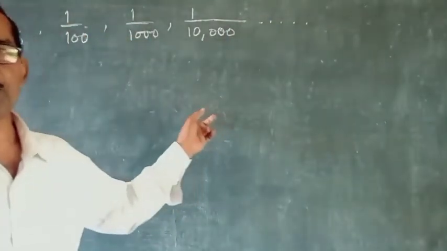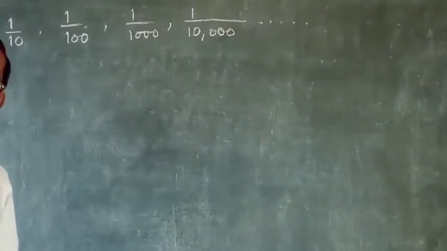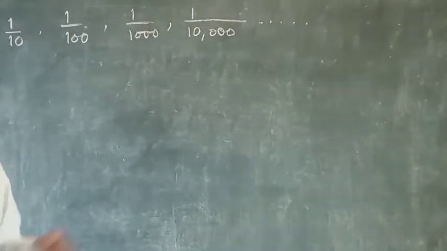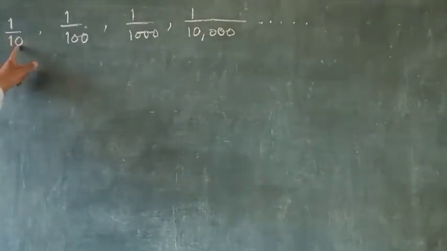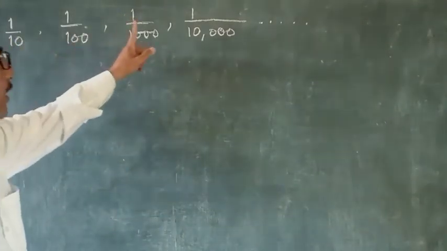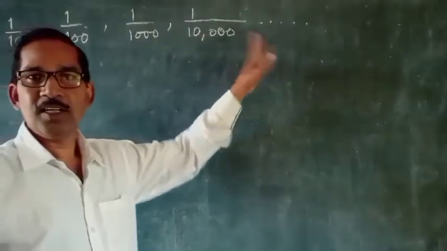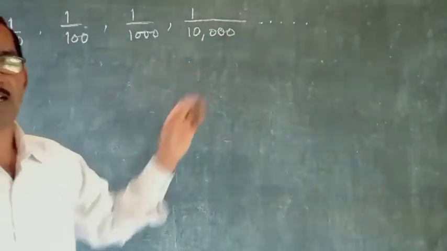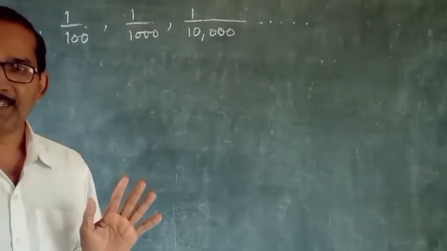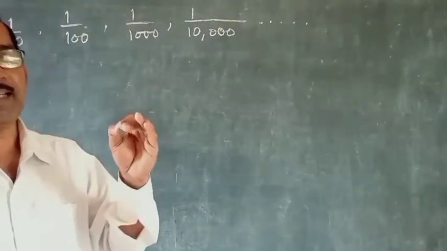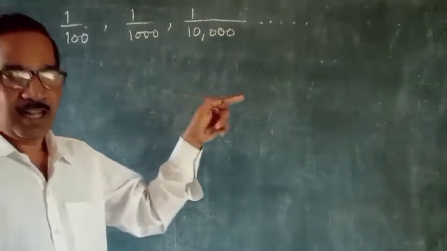So these fractions are called decimals because in the denominator they contain 10, 100, 1000, 10,000 etc. All these numbers are the multiples of 10. Okay. So now I can write these numbers as follows.